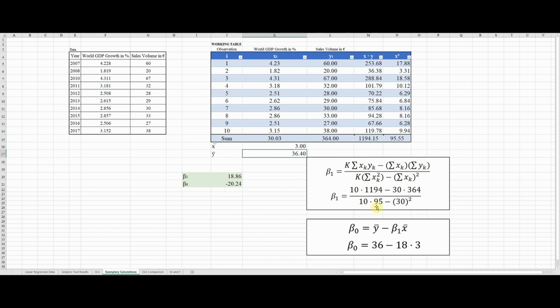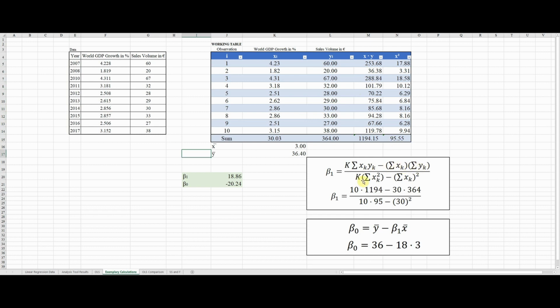First we have to get the slope because it's necessary for getting the intercept as well. So we will start here. k denotes all the elements we have, all the observations. Those are 10 observations from 10 years. Then you have the summed products, and then you subtract the sums of x and y.